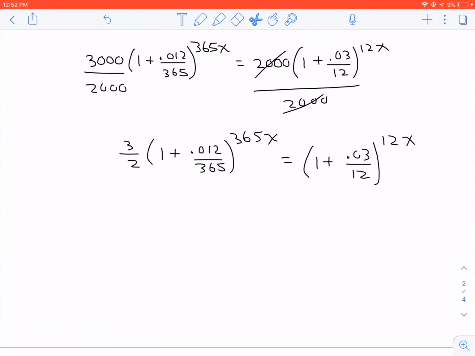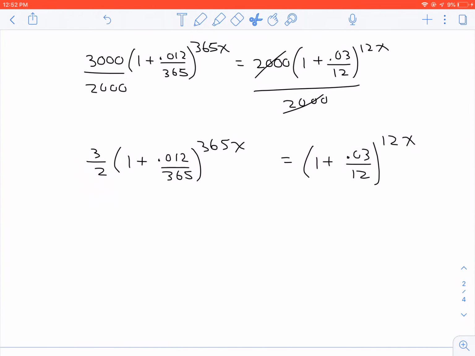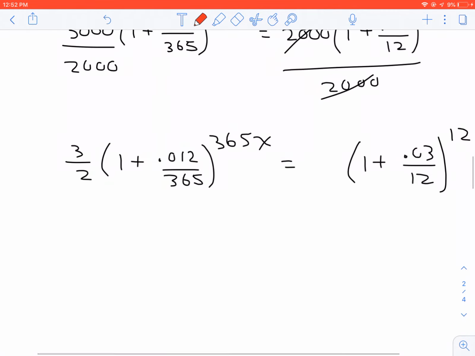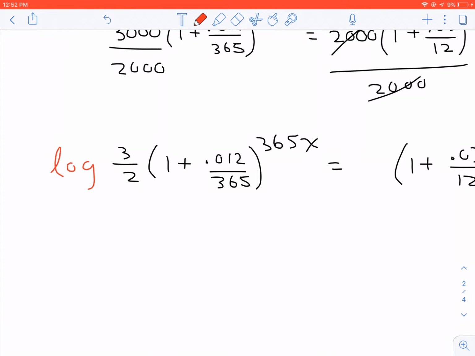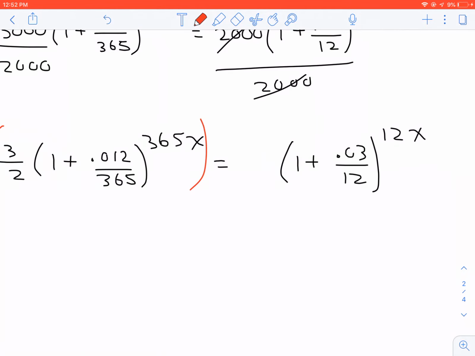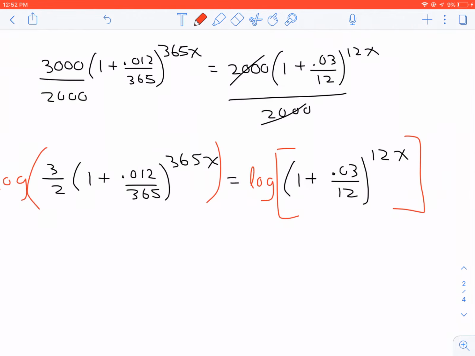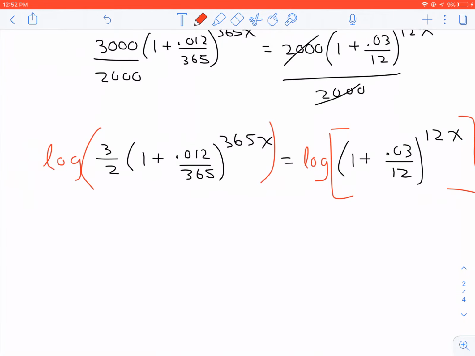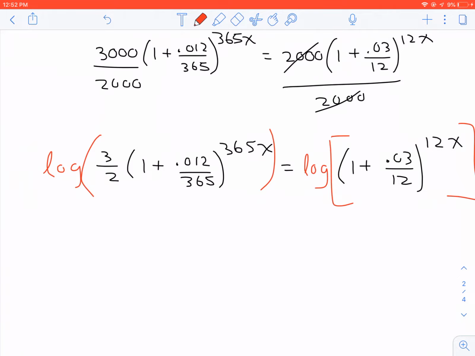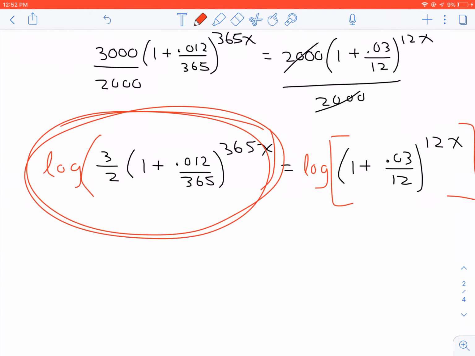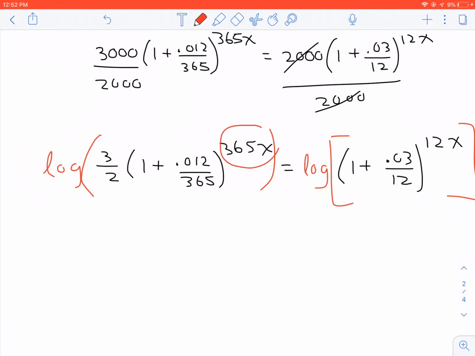If you try to take the log of both sides, which you can do, it's going to look like this. Log of all of this equals log of all of that. That's our argument. The problem a lot of people are making is that when they take the log of the expression on the left, they move the 365 to the front of the log.